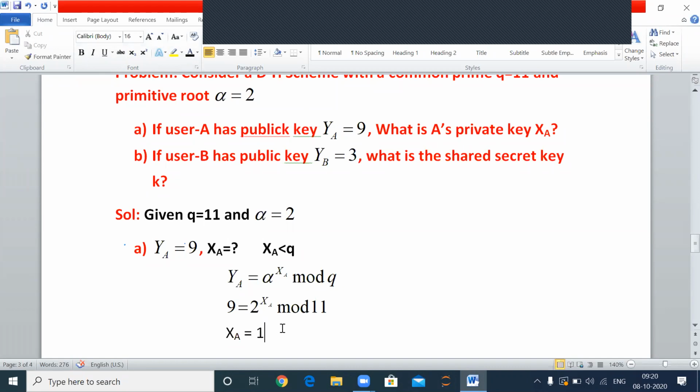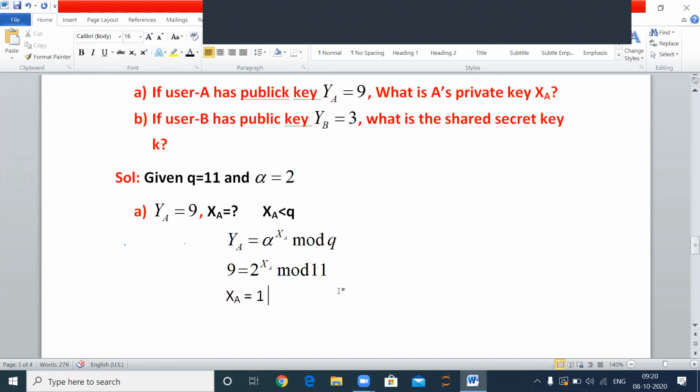That is not equal to 9, so this is wrong and we do not choose it. Similarly, take XA equal to 2: 2 square is 4, 4 mod 11, the remainder is 4. 4 is not equal to 9, so x equal to 2 is also not chosen.